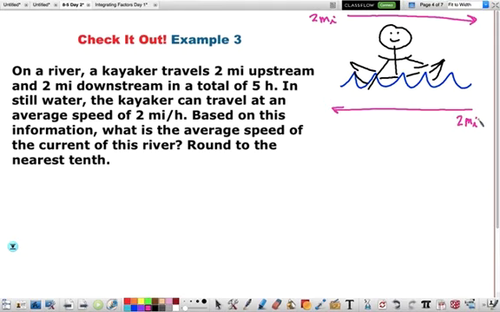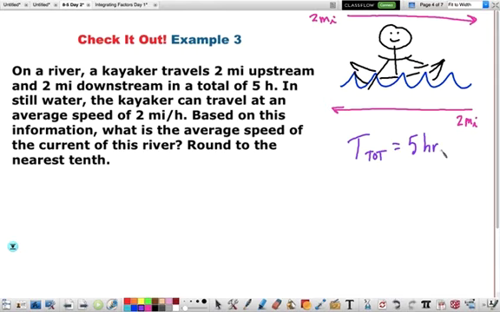What else am I missing? 5 hours, total time. Time total is equal to 5 hours. Does that mean that it took them 2.5 going this way and 2.5 going that way? No, right? And that's what makes this problem hard.